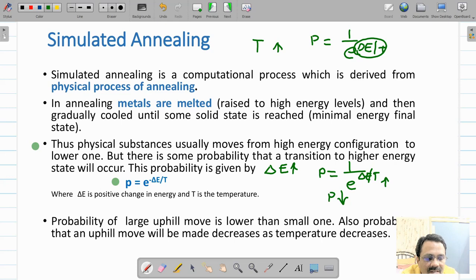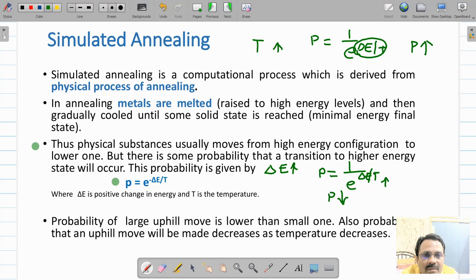So if the denominator is less, P will increase. So in that particular case, the value of P will be higher. So at high temperature, the probability of getting selected will be more, that's what it means.